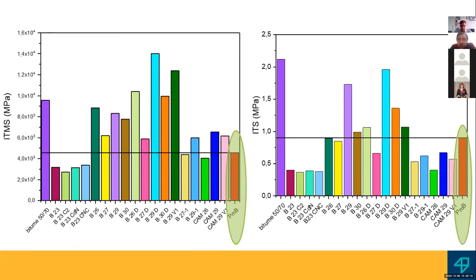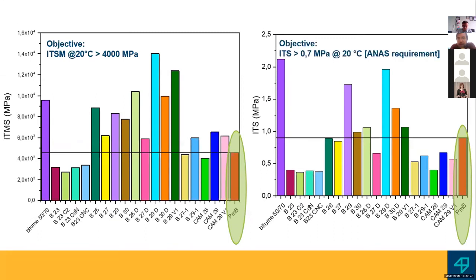And as you can see, we create a binder that has very interesting properties, because the objective is to obtain an ITSM modulus at 20 degrees higher than 4000 megapascal, and an ITS modulus higher than 0.7 megapascal, because these are Italian requirements for road construction.